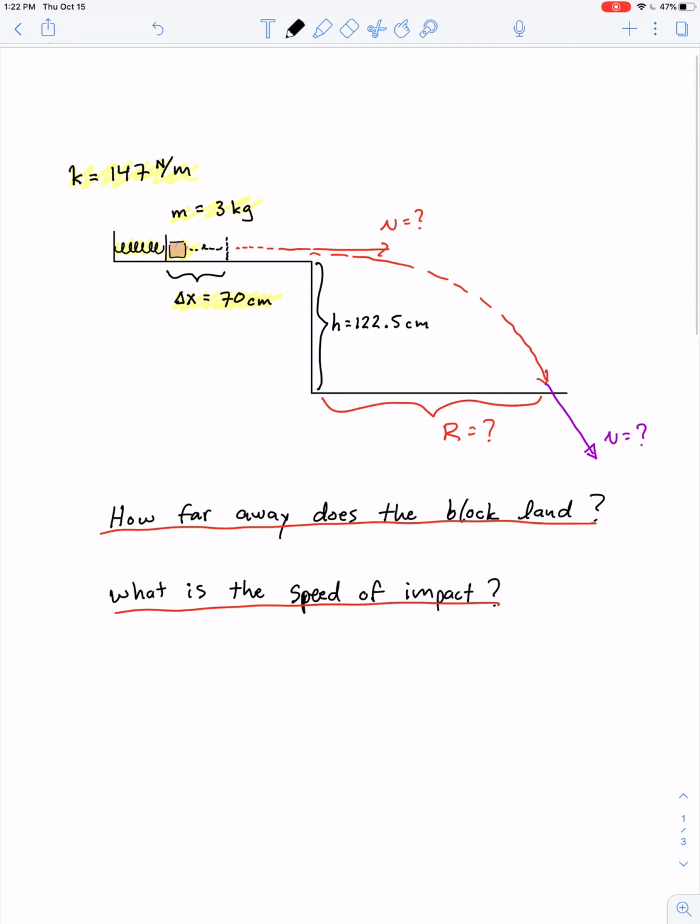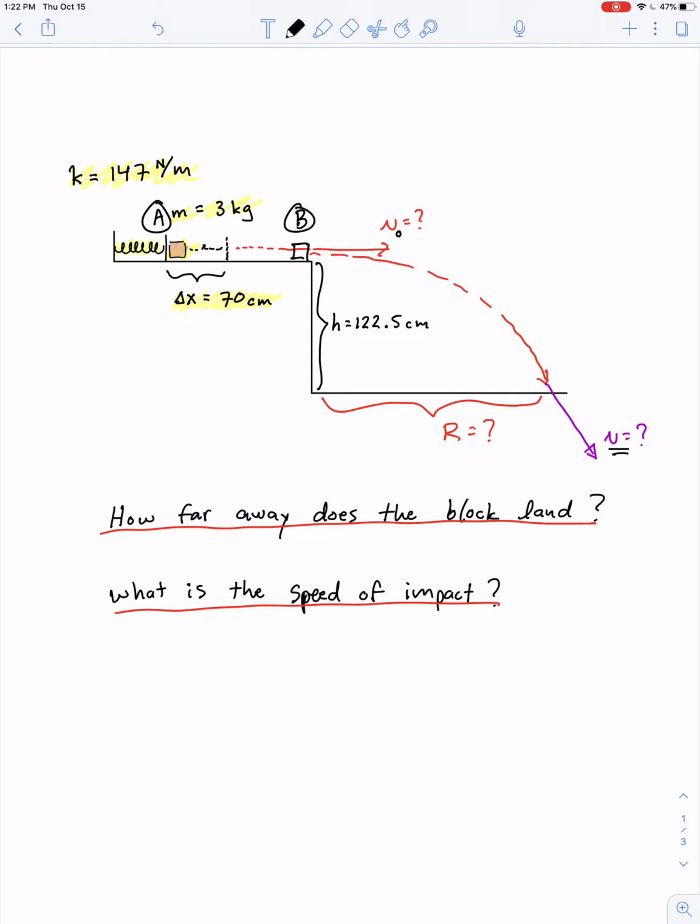So let's do this. Let's figure out what we'll call this V initial. How's that? And then this is V final. So to get this initial speed, we should label a point A in the diagram that represents the initial state. And in this case, in that state, there's some stored potential energy in the spring.